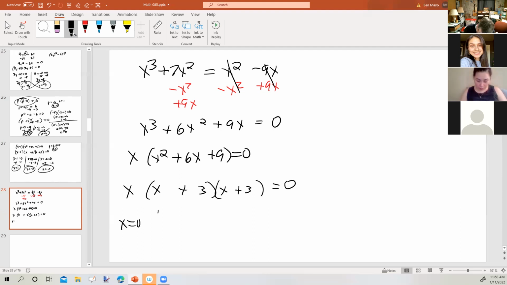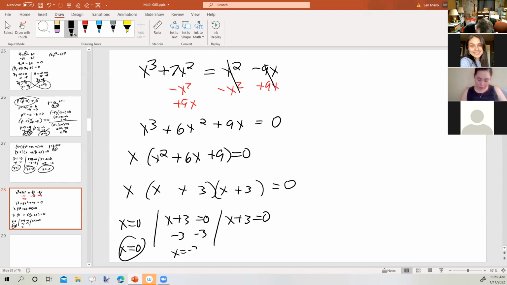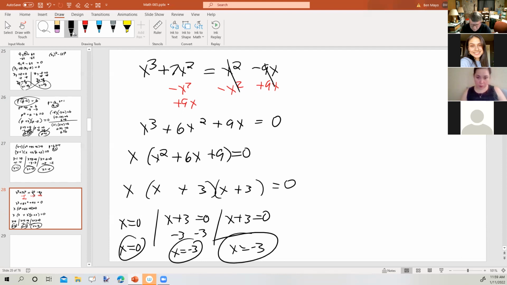So x is 0, x plus 3 equals 0, x plus 3 equals 0, x equals negative 3. So your solutions are 0, and then negative 3 is repeated.